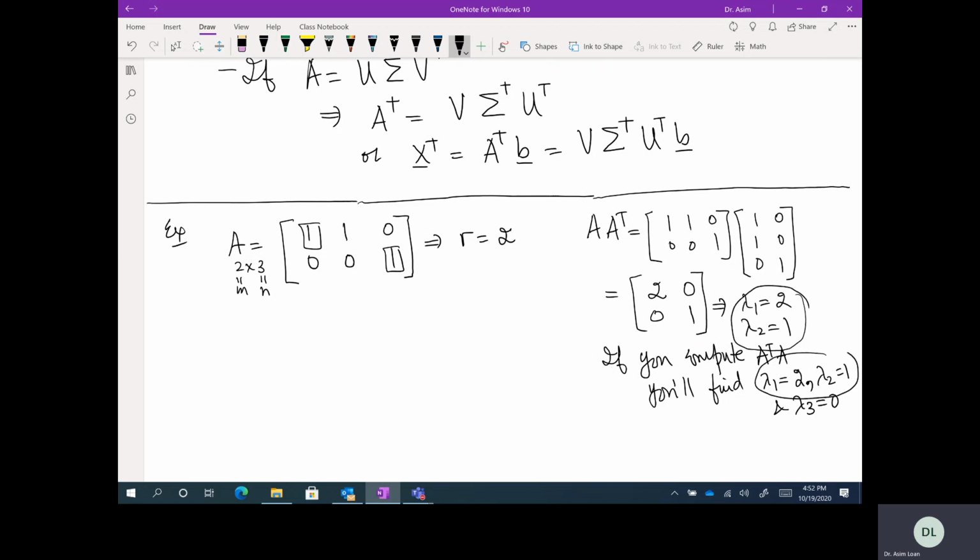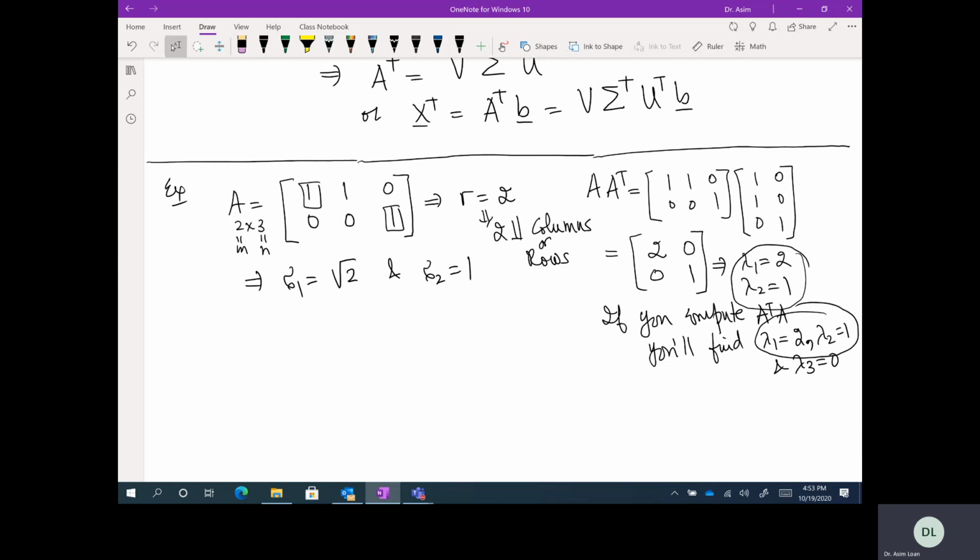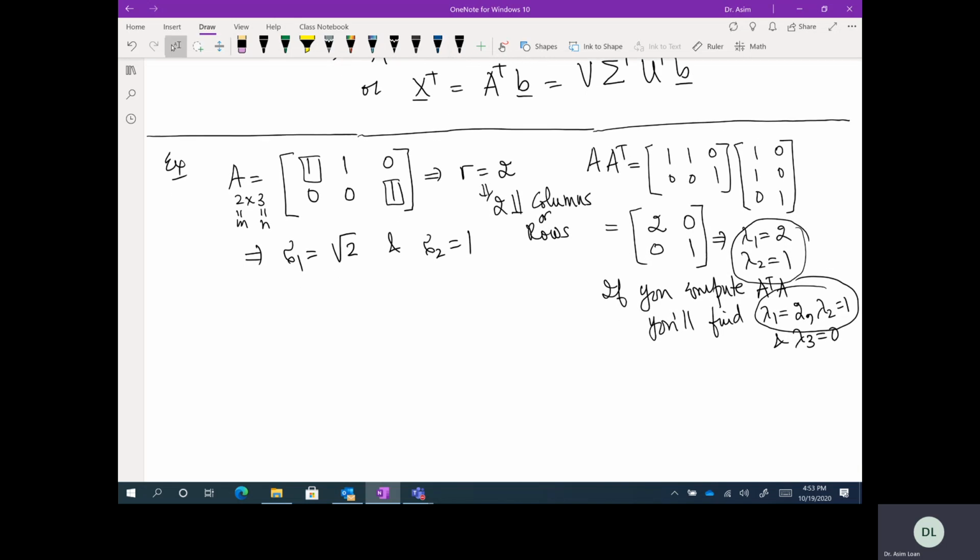Okay. So this implies sigma 1 is root 2 and sigma 2 is 1. Since the rank is 2, there are two independent columns or rows, because there are two pivots, so obviously the two pivot columns and two pivot rows are independent.